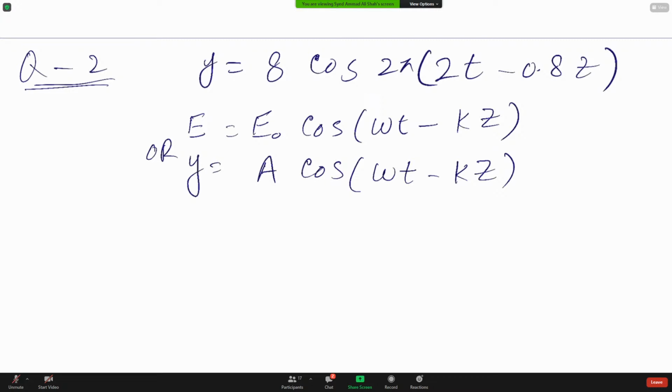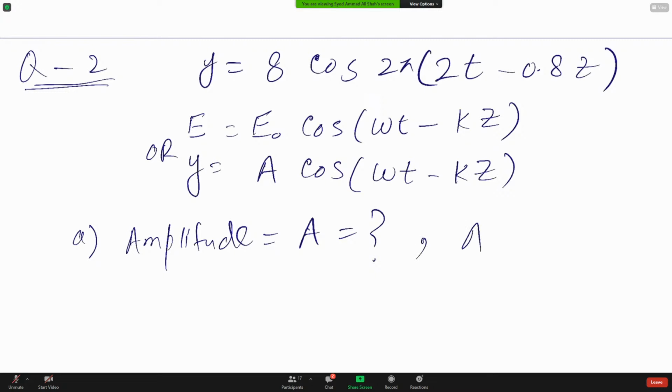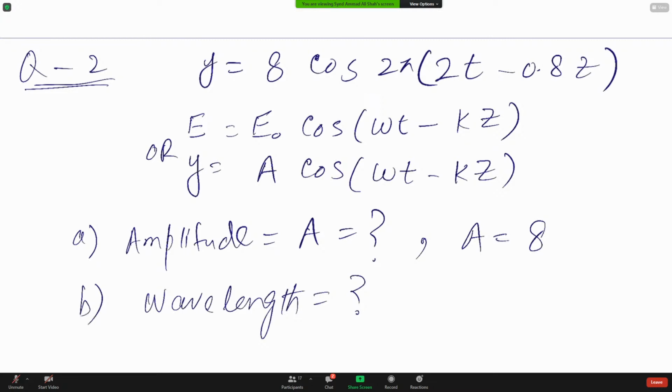First thing, amplitude. Amplitude means it's saying find E naught or A. So part A is amplitude. What would be the value of A? 8. So A is equal to 8. Part B, find the wavelength. Can you tell me the formula?